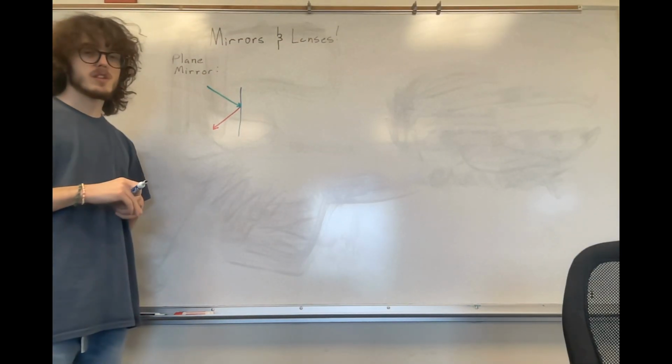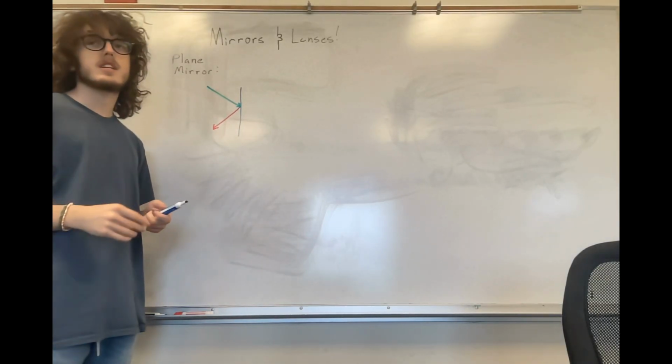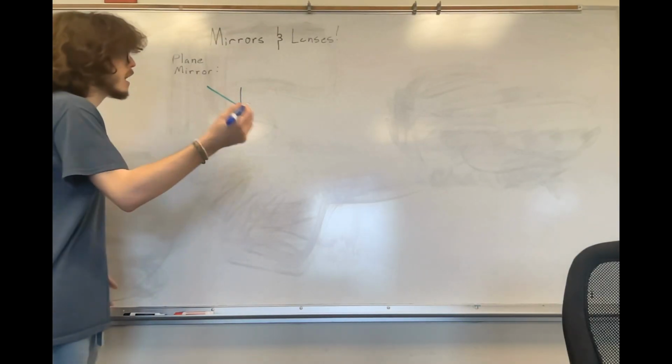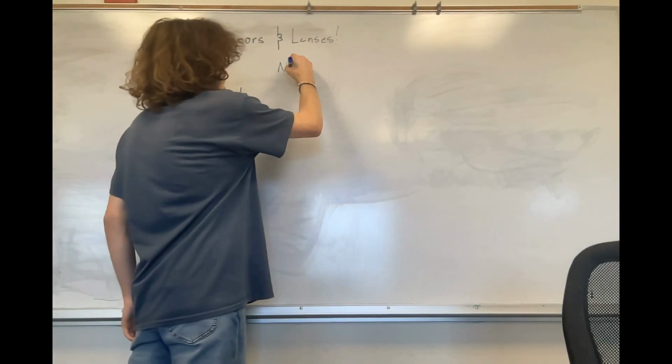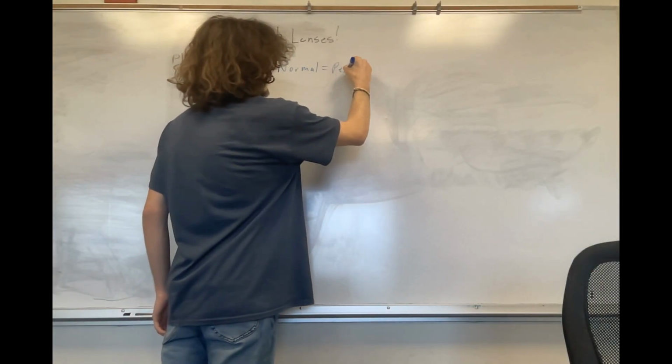A normal is just a 3D terminology for that, but you're going to see it here in these 2D representations, and that's the idea of a normal. So I'll write that terminology down for your notes. Normal equals perpendicular.